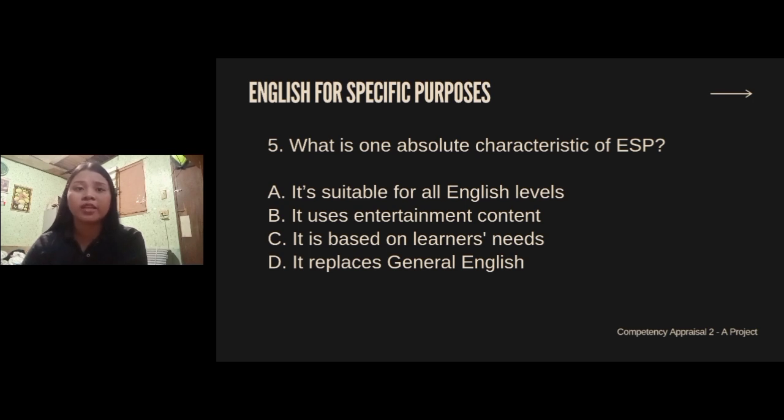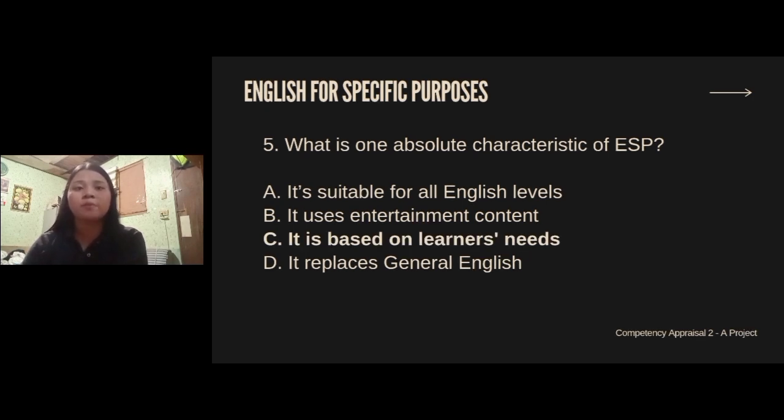The correct answer is letter C. It is based on learners' needs, because this characteristic of ESP is designed based on what the learner actually needs for their work or study.